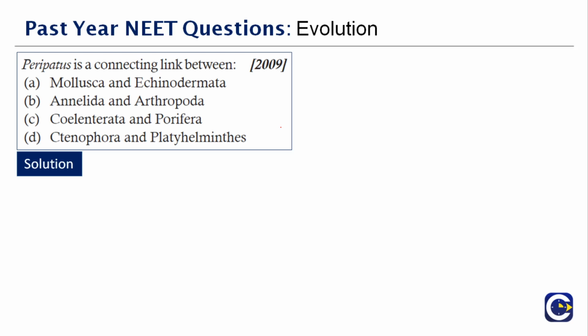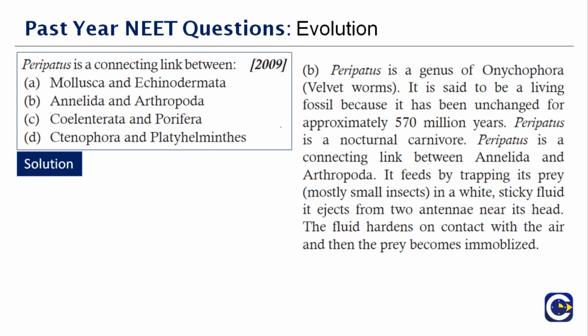So Peripatus, as they have clearly explained on your right side, is actually a living fossil. It has remained unchanged for 570 million years. And how does it attack its prey and get its food?